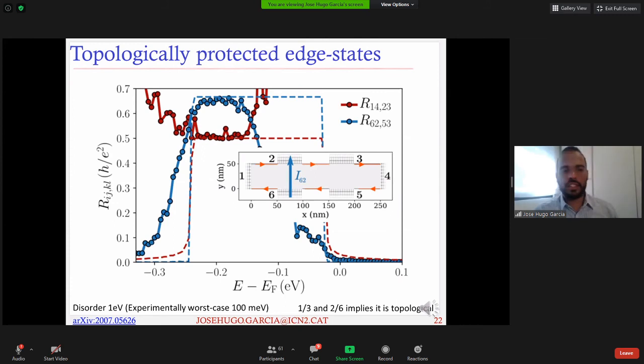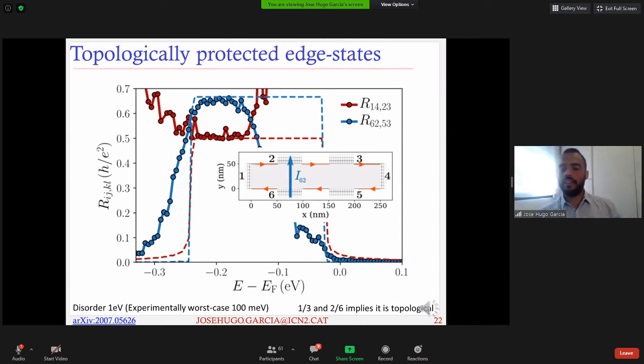Finally, we tested whether this state is topologically protected, and for that we did a purely resistive device, inspired by what Pablo Jarillo did in his Nature paper. We put in very strong Anderson disorder, of the order of 1 eV, whereas typically the disorder in the experiment is of the order of 100 meV in the worst case scenario.